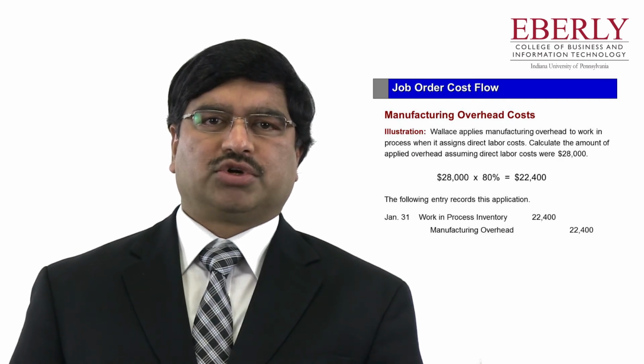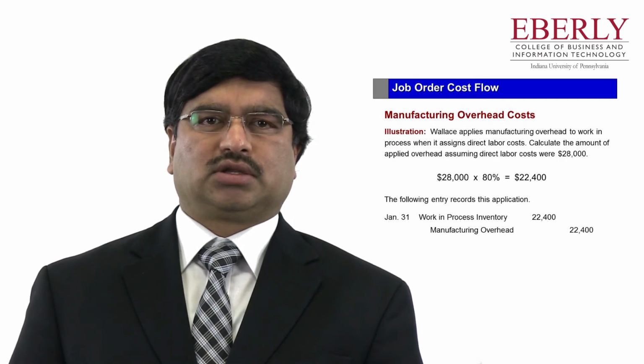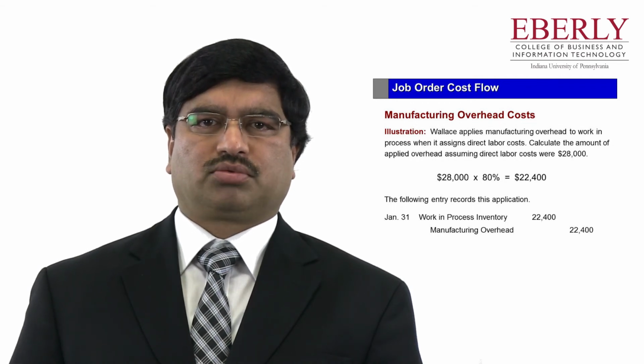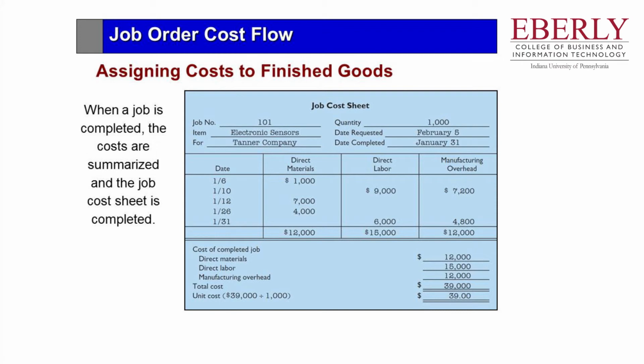All of these numbers get collected and assigned to finished goods through the job cost sheet. Now, if you look at the job cost sheet with which we started the process, all the costs related to direct materials have been accumulated under the direct materials column from the materials requisition slip, which we saw earlier.